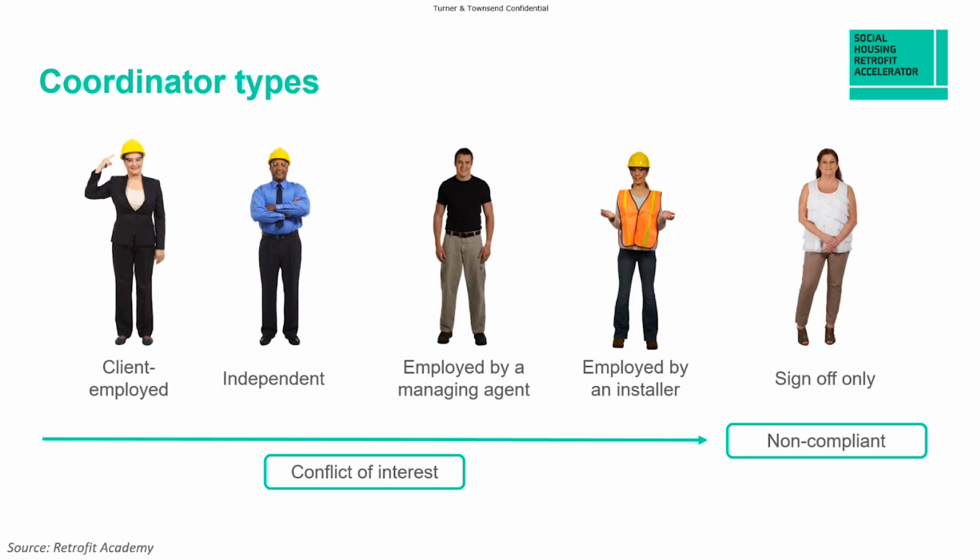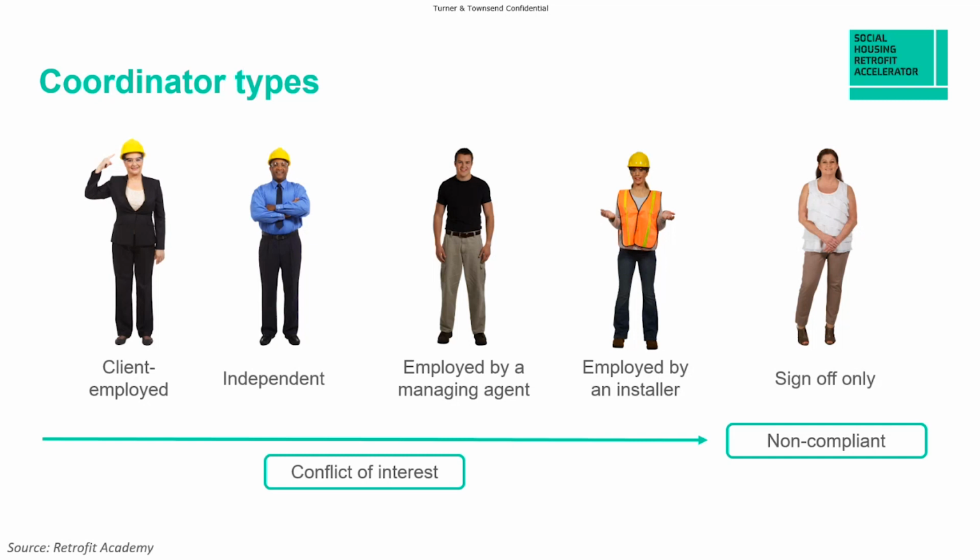Right. Different types of coordinator. They're all retrofit coordinators, essentially, but where they sit within your organisation or externally could have an impact on the type of work that they would do, the quality, their engagement in the process. So let's start off on the right-hand side. The right-hand side is a retrofit coordinator that says they can sign off any project.